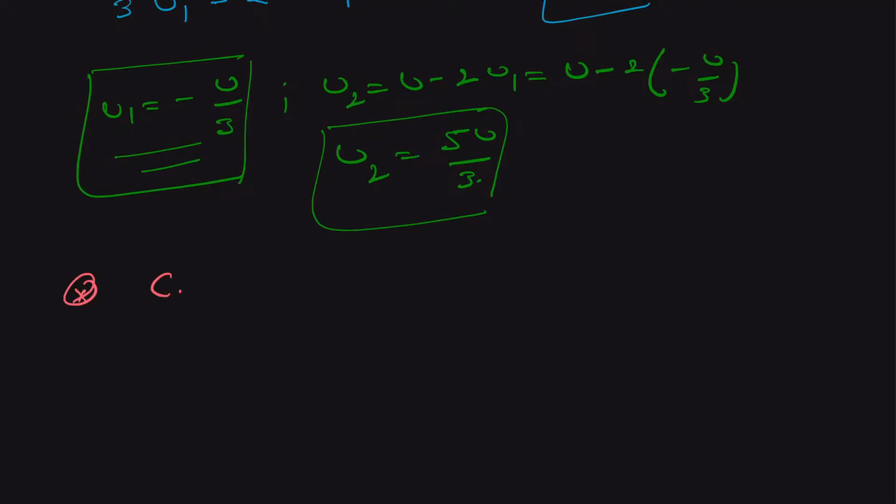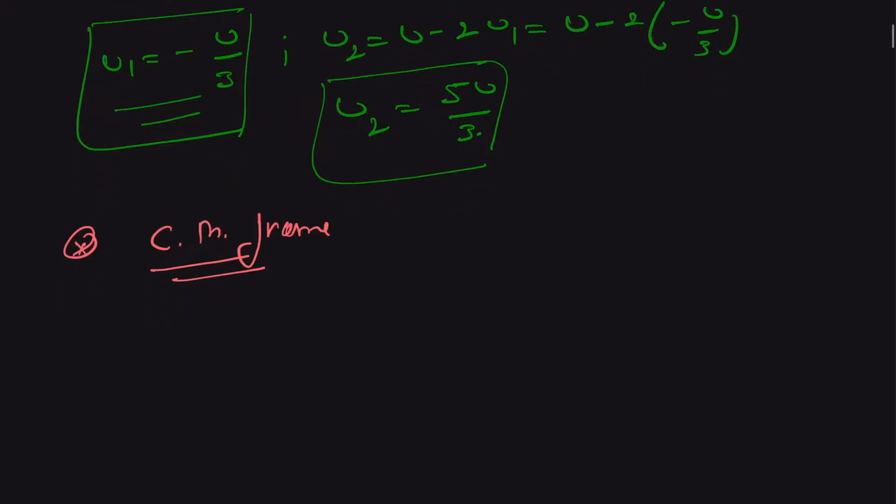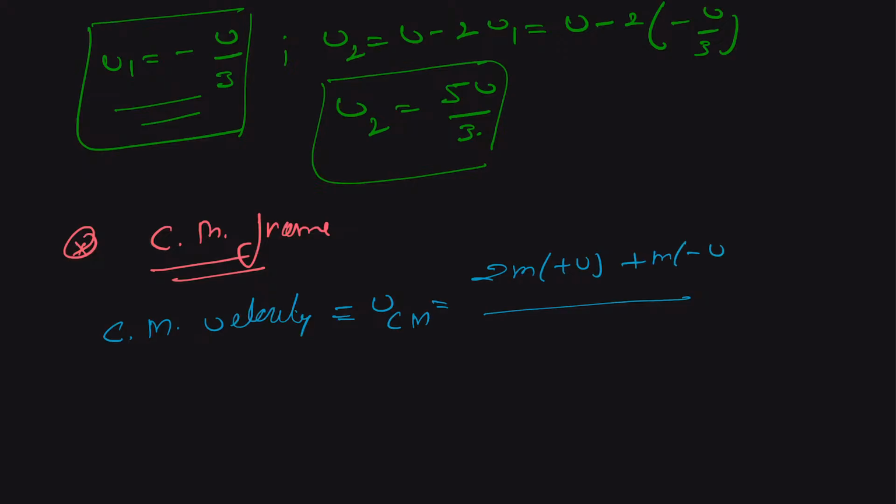Okay. So this is a center of mass frame. So we are going to find out the velocity of the center of mass. You can see our center of mass velocity, that is our VCM, and that will be equal to our first mass, its velocity, plus second mass, its velocity, and our total mass.